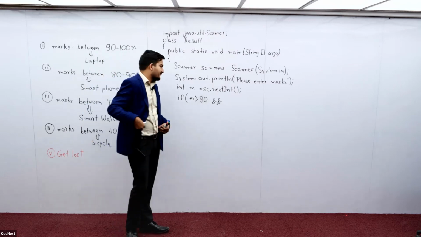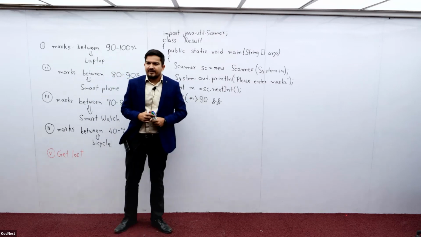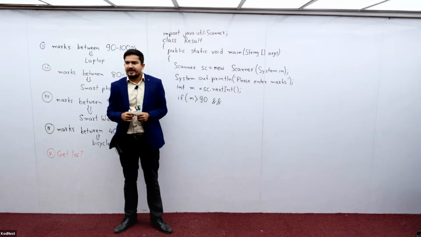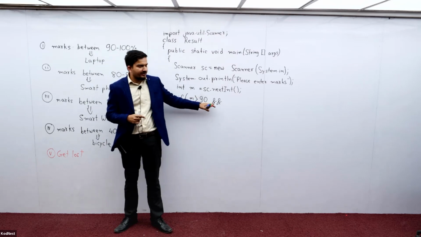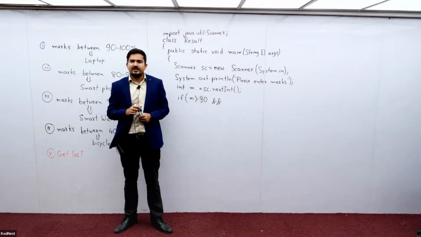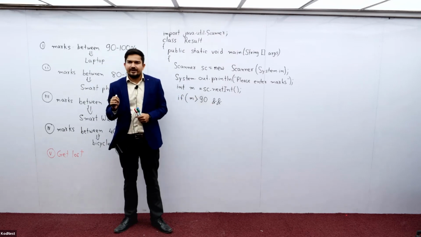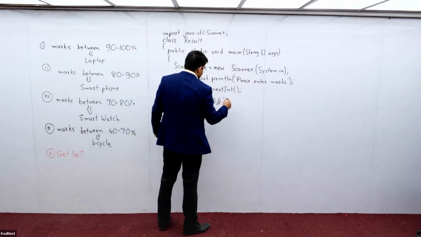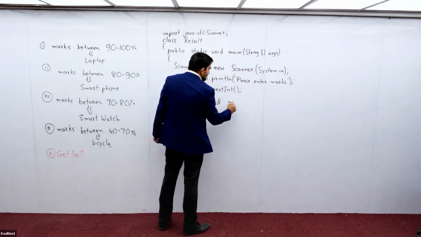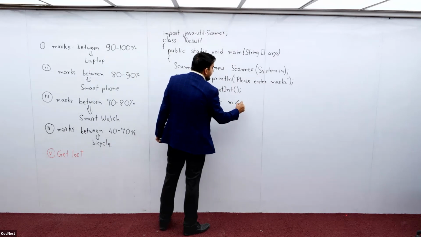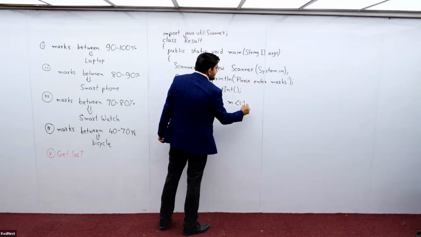All right. So this is our first condition, that is the mark should be greater than 90. Along with it, we want to attach one more condition, that is mark should be less than 100. So maybe I'll say and mark less than or equal to what? 100.